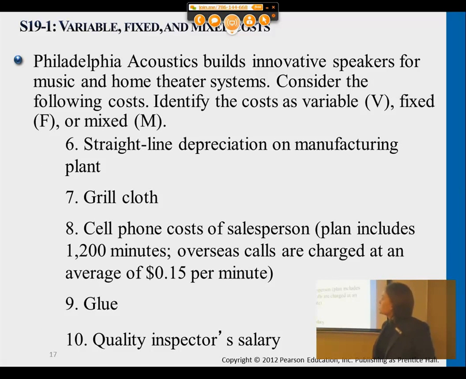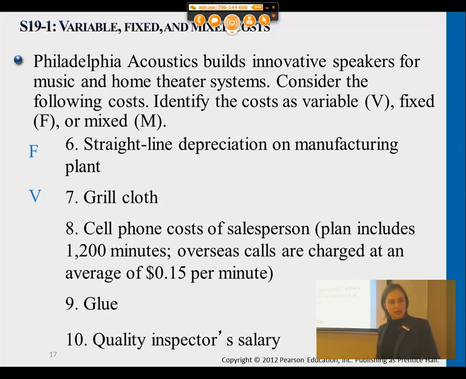Straight line depreciation on the manufacturing plant. Yes, that's the one. Okay. Grill cloth. That material that goes. What is it? Fixed or variable? Variable? Okay, cell phone costs of salesperson.